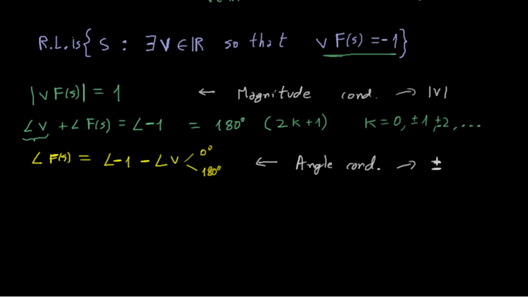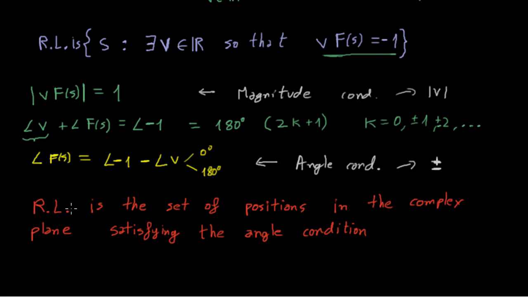So according to that, we can define the root locus again in a simpler way. Just let me write it. The root locus is the set of positions in the complex plane satisfying the angle condition. This is the key point, because for each of those points there's always a certain v also satisfying the magnitude condition.